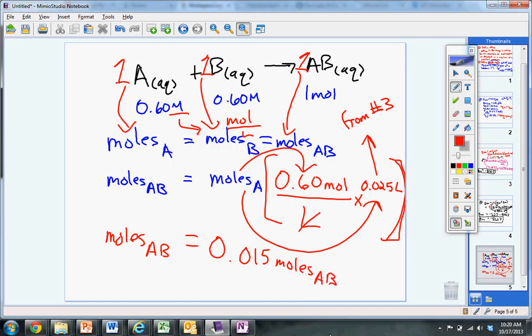Not the answer, but we need that in order to do the problem. And it's a very simple problem. Once you calculate that and realize molarity is moles per liter, you took how many liters you had, 25 milliliters, converted to liters, multiplied by the molarity, you find the moles. I'm hoping you're feeling that.